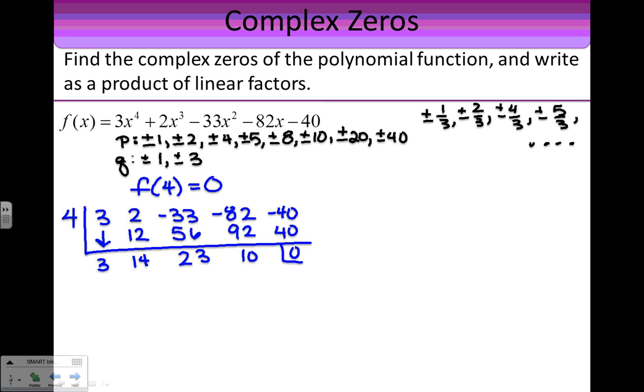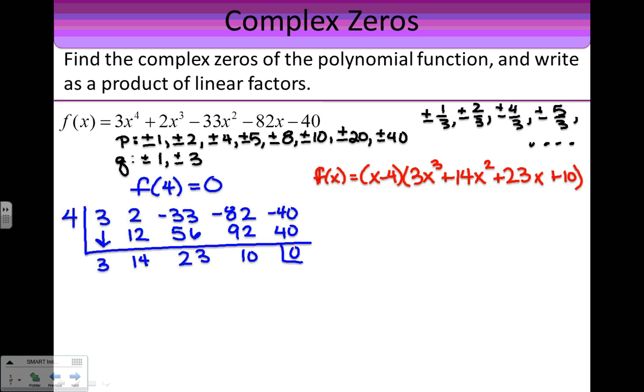So over here to the side, listing out my answer as I go. So I found out using my P's and Q's that x minus 4 is a factor, and that would be multiplied by 3x cubed plus 14x squared plus 23x plus 10.